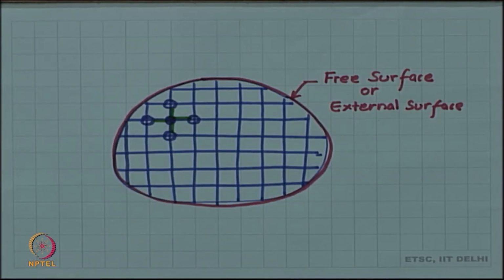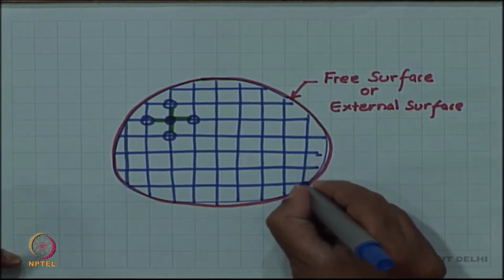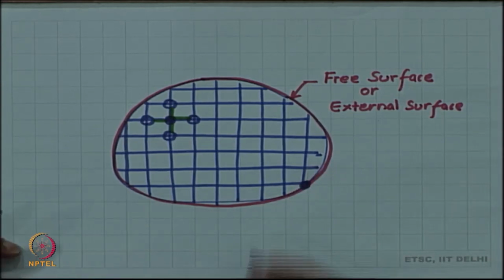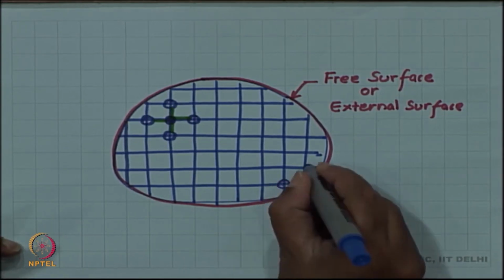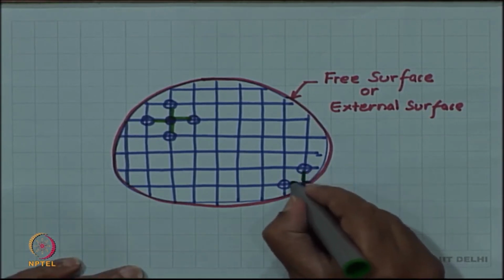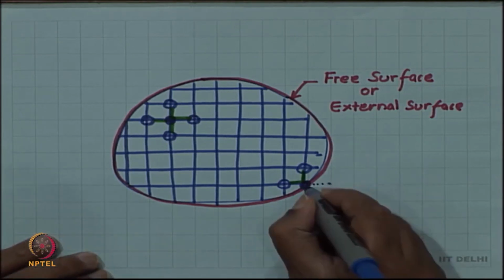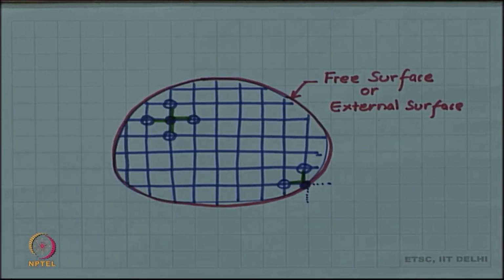However, if you look at an atom sitting on the surface, let us say here, then it has only 2 nearest neighbors, it has only 2 bonds. The other 2 bonds which it was supposed to form if the crystal was infinite are now broken because it is sitting on the surface. So, these 2 other neighbors are lost.